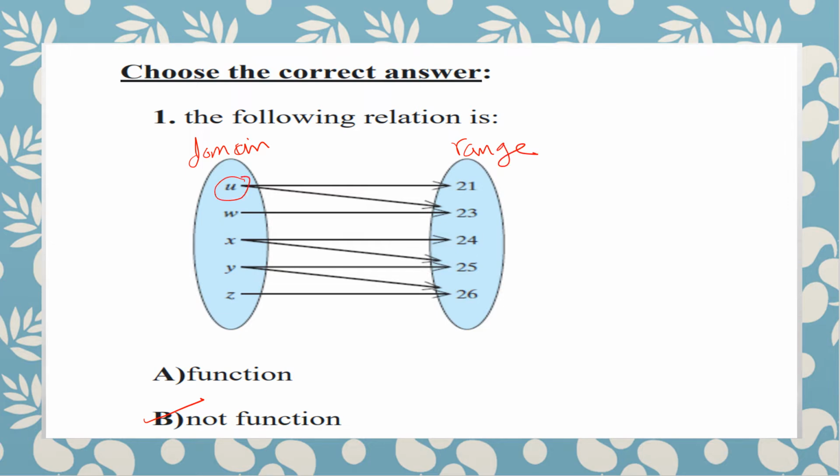As U here corresponds to 21 and 23, X corresponds to 24 and 25, and Y corresponds to 25 and 26. So we have three elements in the domain corresponding to more than one element in the range. So this is a relation but not a function.